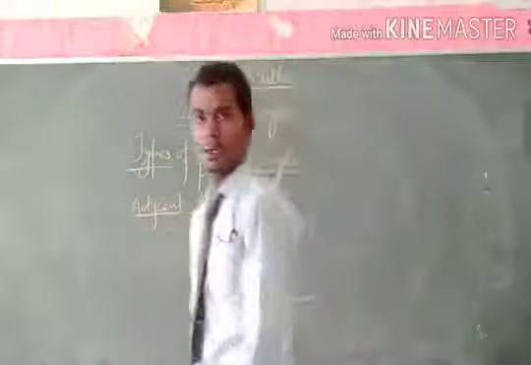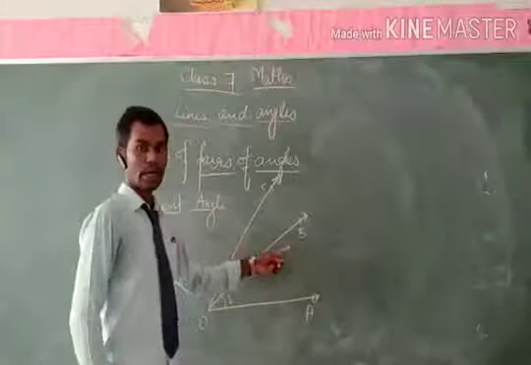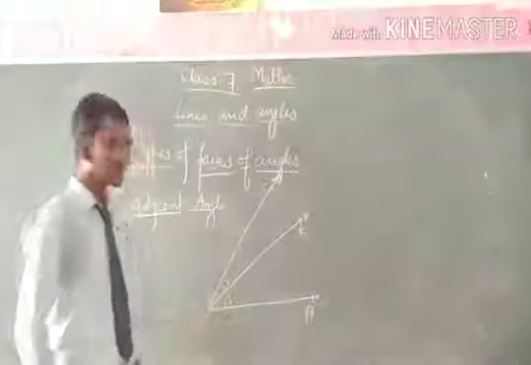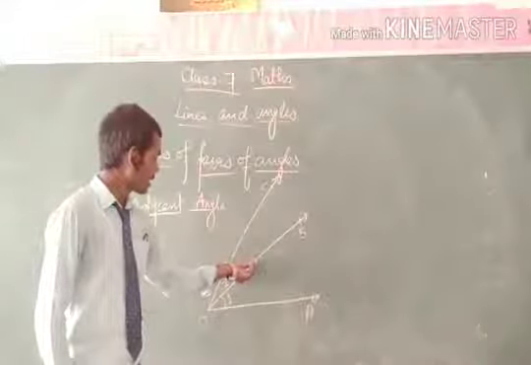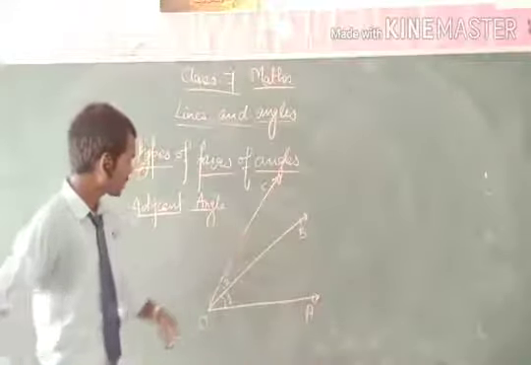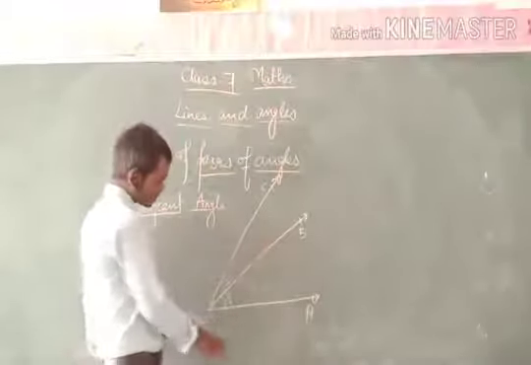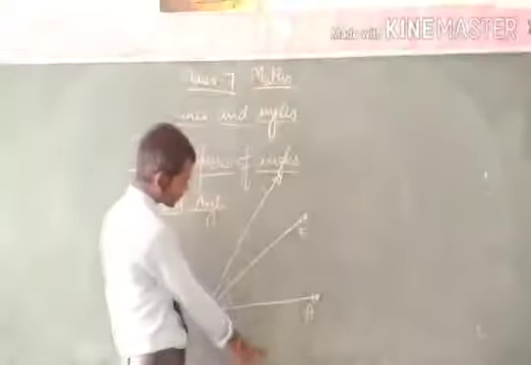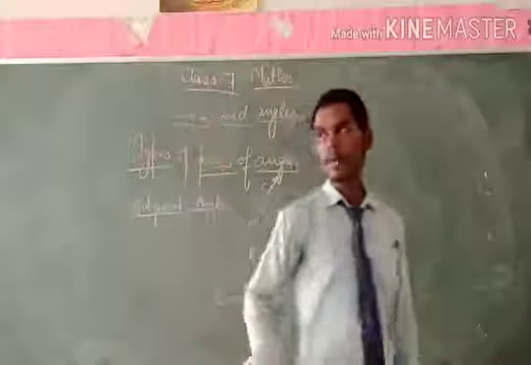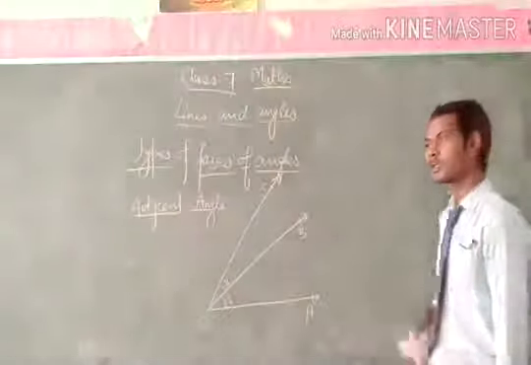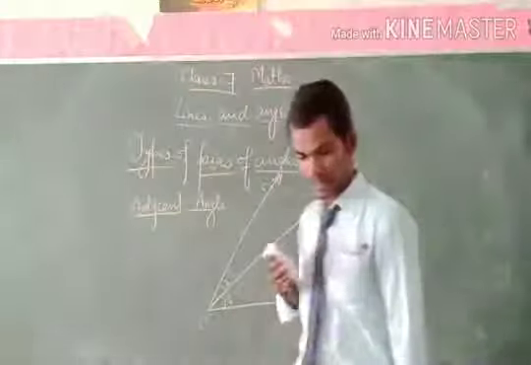In this figure we can see that there is a common side, that is OB, and also there is a common vertex, that is O, and the other sides lie opposite to each other. Here OC is on the opposite side of OB, and OE is also on the opposite side of OB. So such a pair of angles is known as adjacent angles.